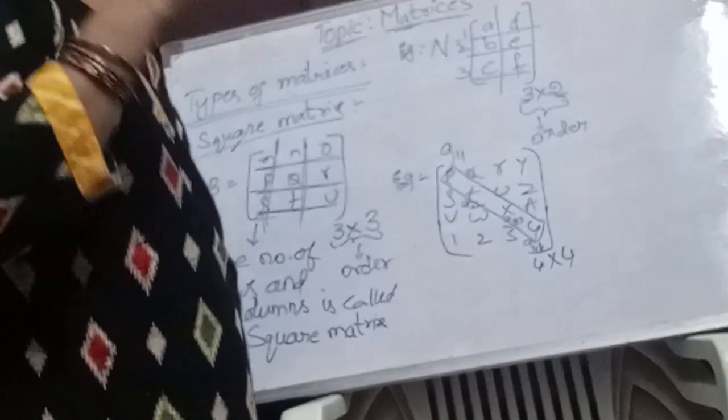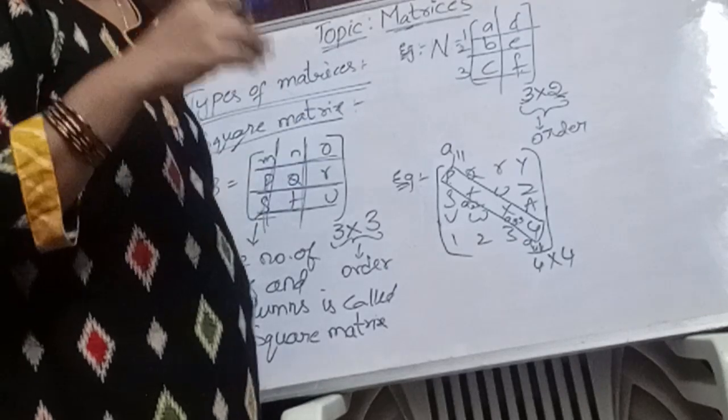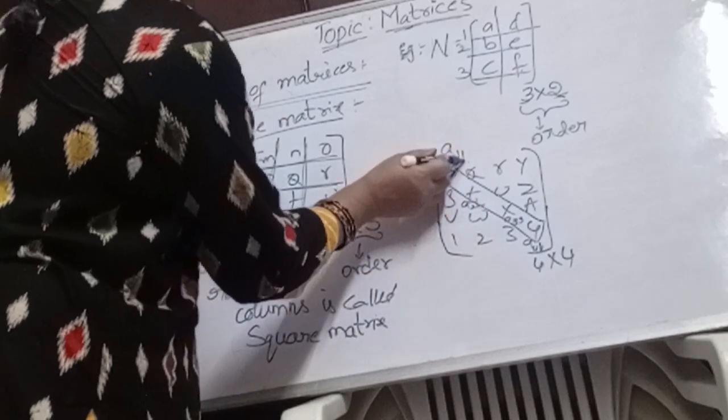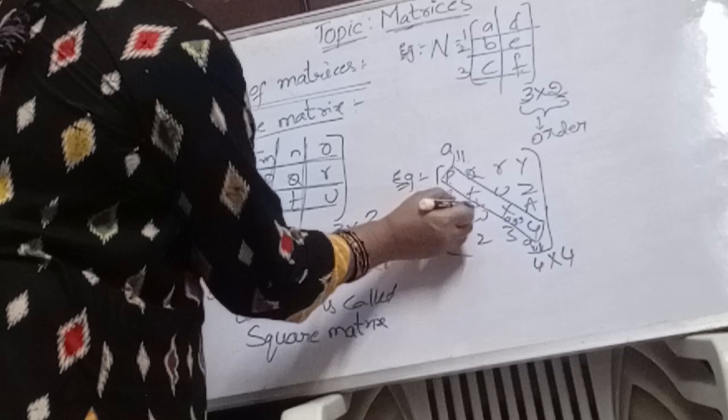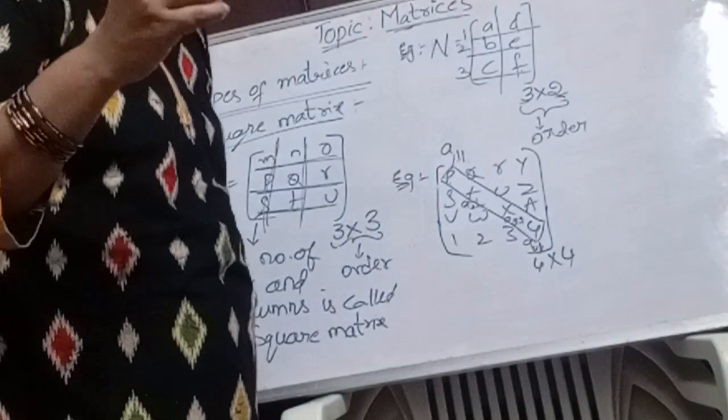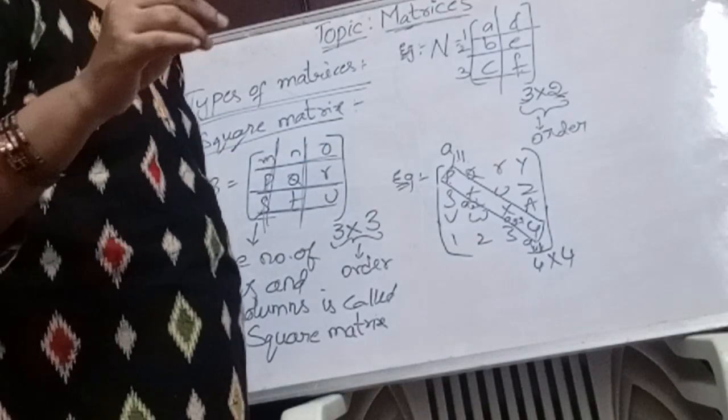The elements which have the same row number and column number are called the principal diagonal. Got it? Here, take P. It is A11, that is first row and first column. And this T is second row, second column. X is third row and third column. Here 4 is fourth row, fourth column. So the elements with the same row number and column number are called the principal diagonal or just diagonal.